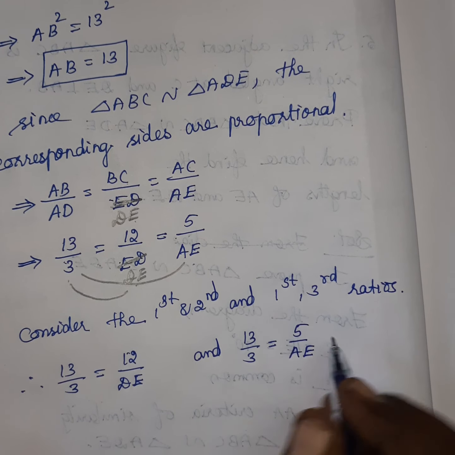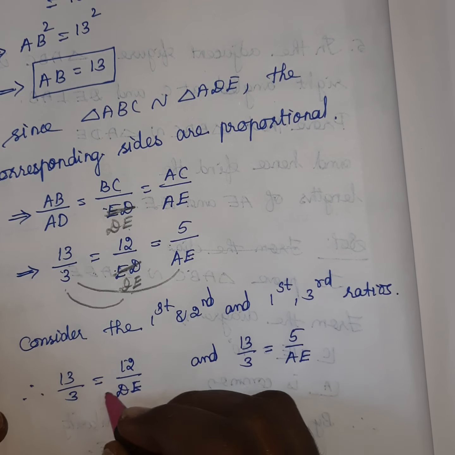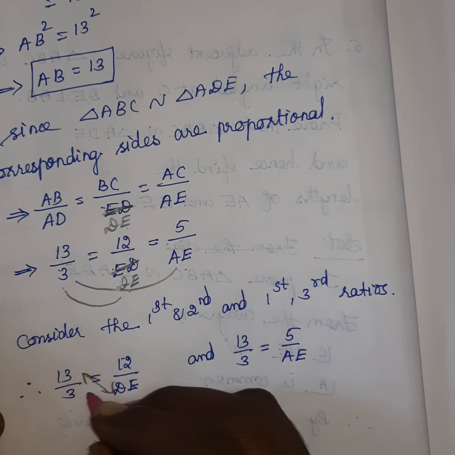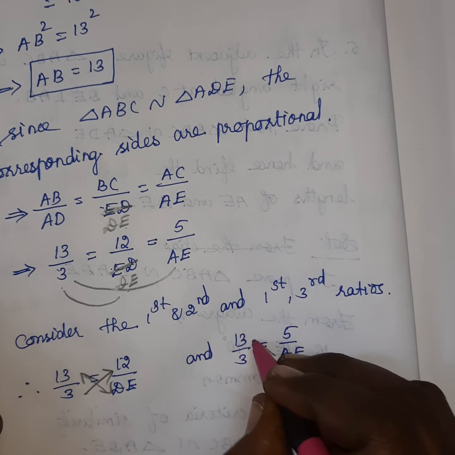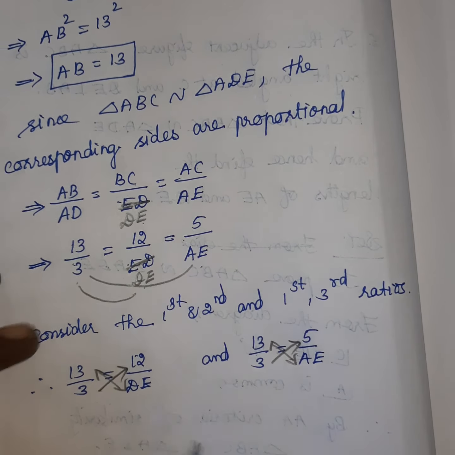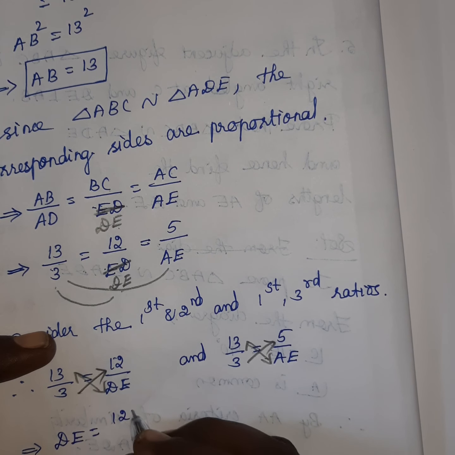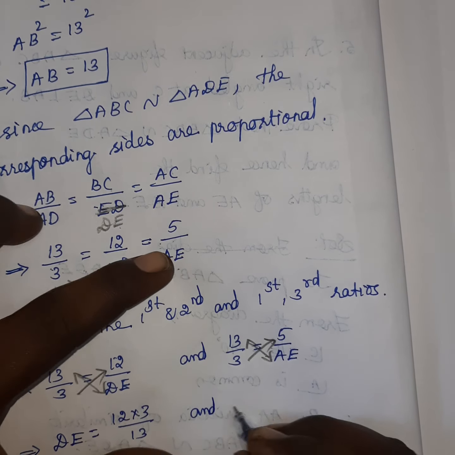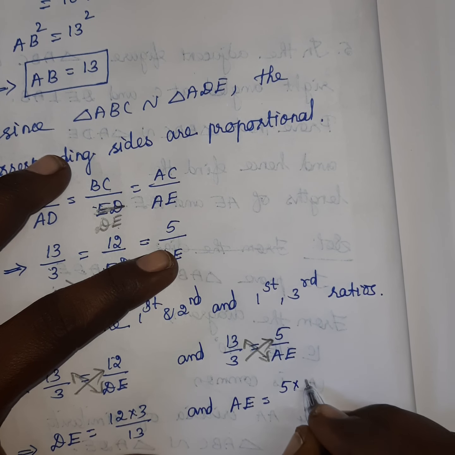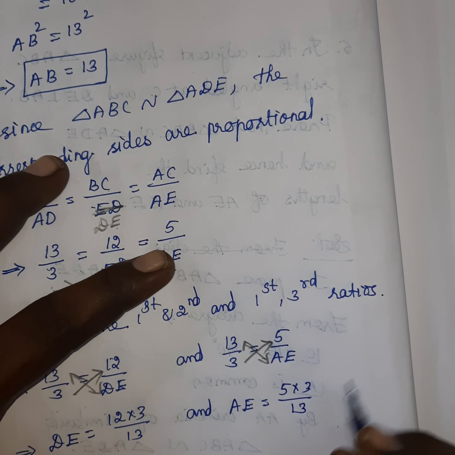Okay, now we can cross multiply and find out the unknown values DE and AE, which implies DE equal to 12 into 3 divided by 13 and AE equal to 5 into 3 divided by 13.